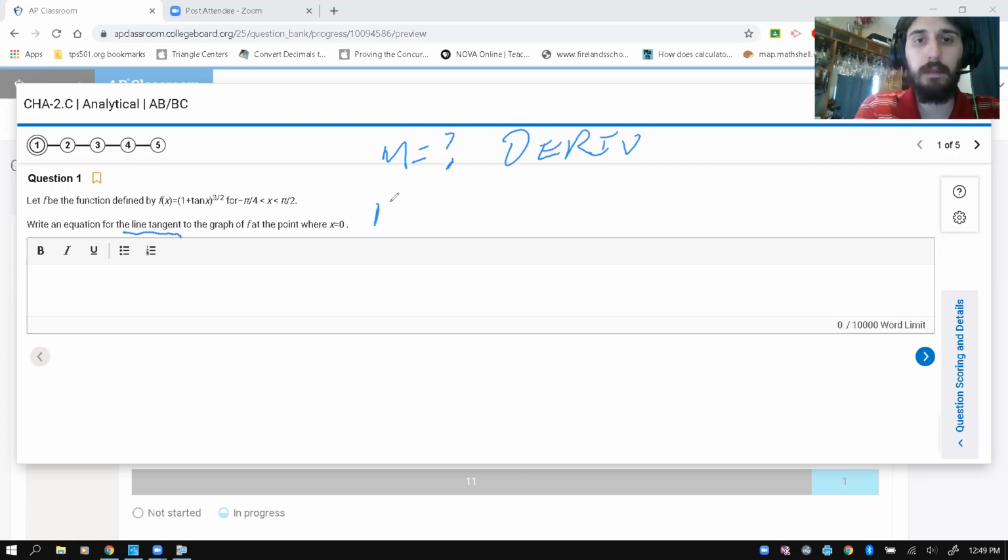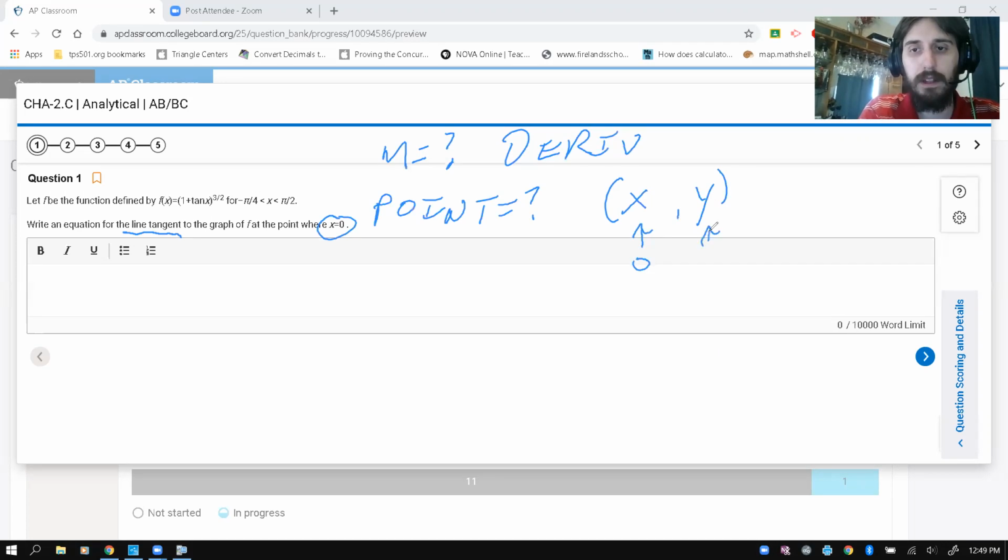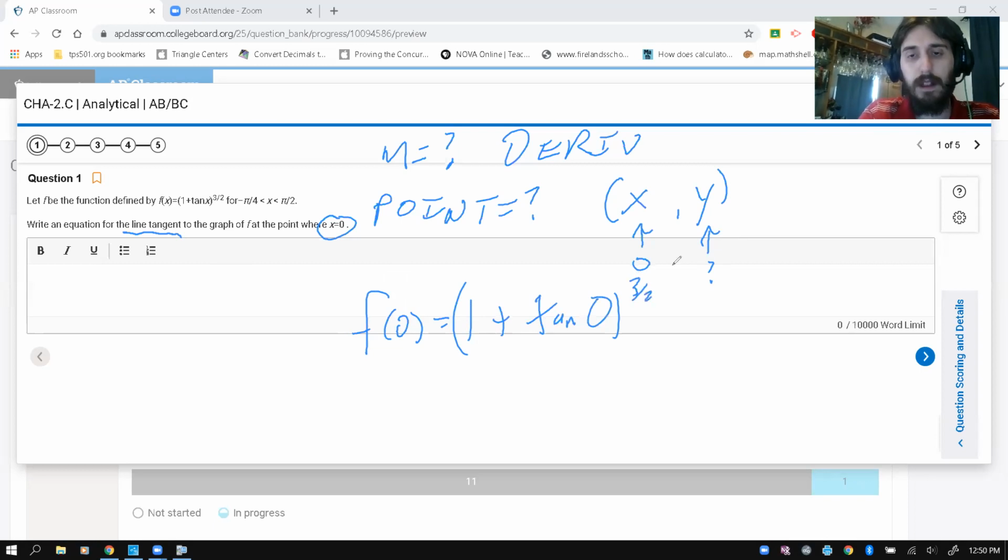To find the point, well, they give us x is 0, so the x value of our point is going to be 0, but they don't give us the y value. So we can find that y value really quick by plugging in 0 to our function. So f of 0 would be the quantity 1 plus tangent of 0 to the 3/2 power.